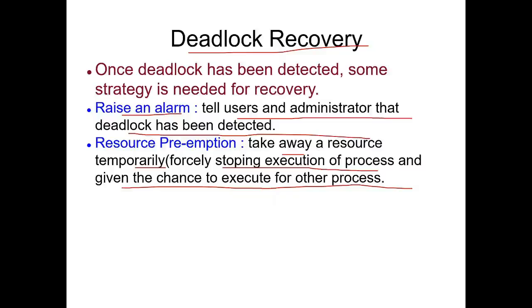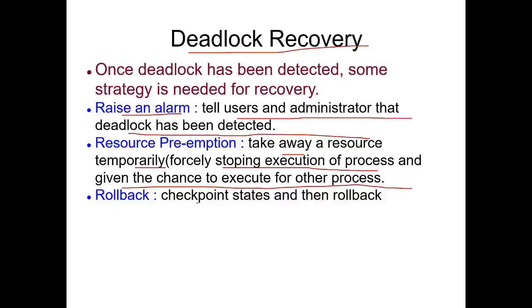So what you can do is, for the process which has lower priority, you can take the CPU from such a process and give the CPU to a higher priority process. That means forcefully you are stopping the execution of one process and giving it to another high priority process. The operating system does this so that the system should not enter into the deadlock.